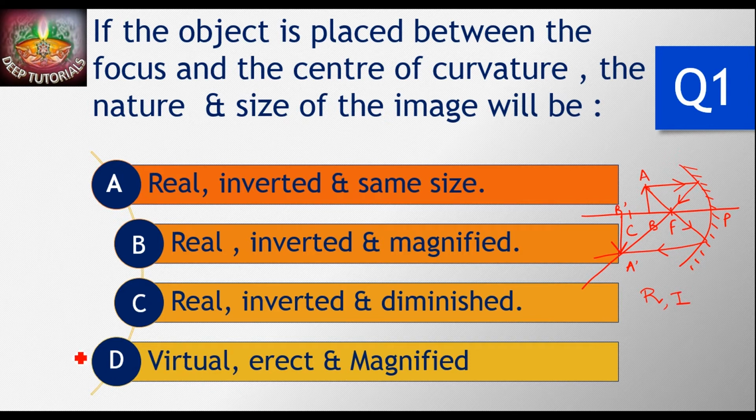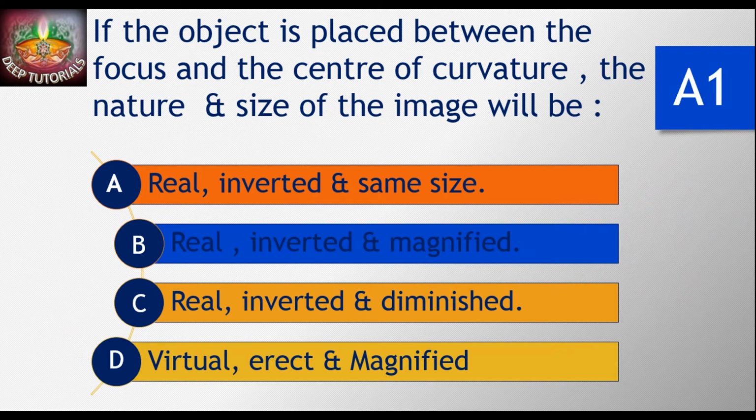So it means option D over here cancels out. Now look at the size of the image. The size of the image is magnified in comparison to the size of the object. So the nature and the size of the image will be real, inverted and magnified. So our correct option is B.